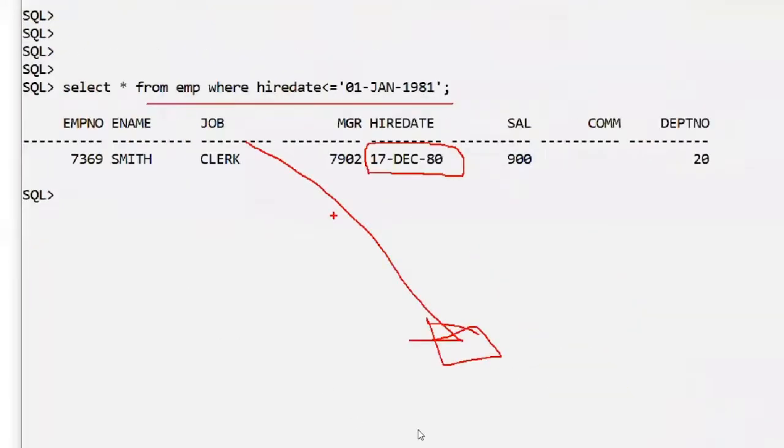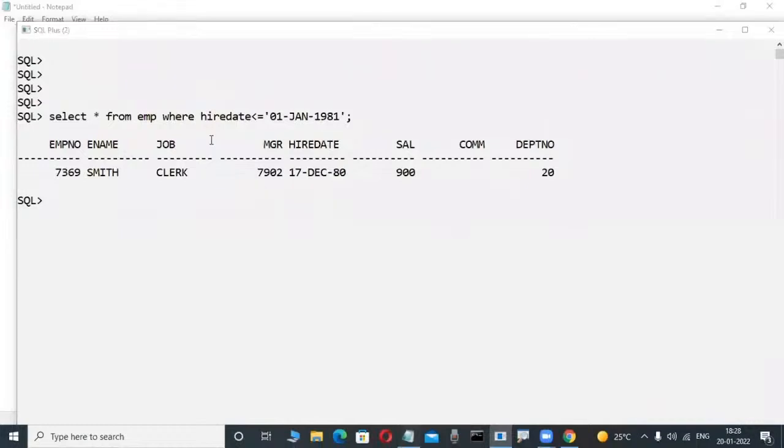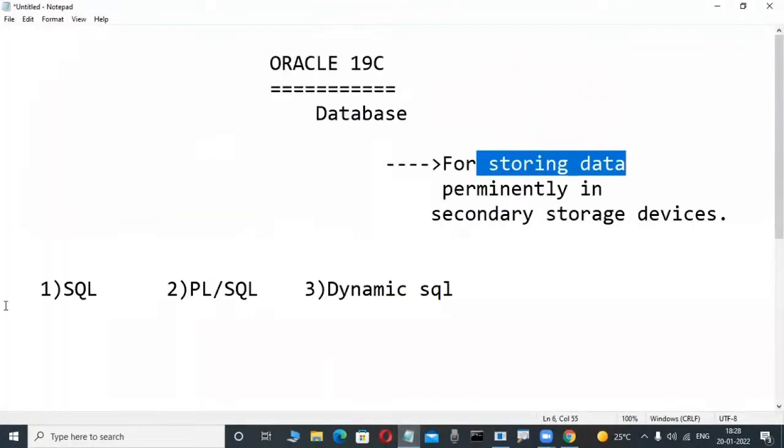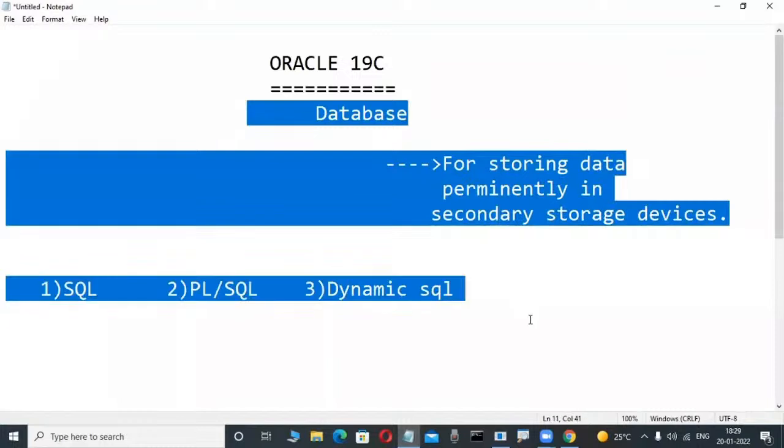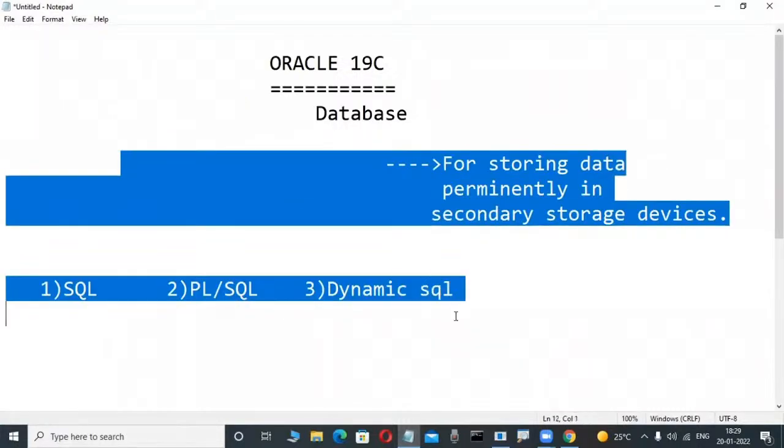That's why efficient data retrieval is most powerful, and it is possible only through these databases and languages.